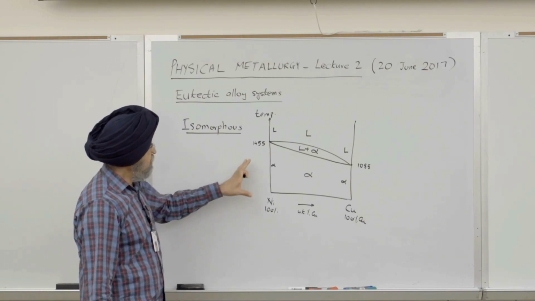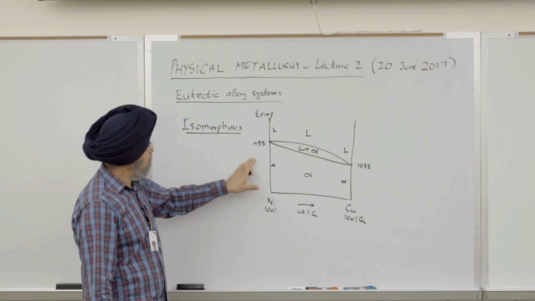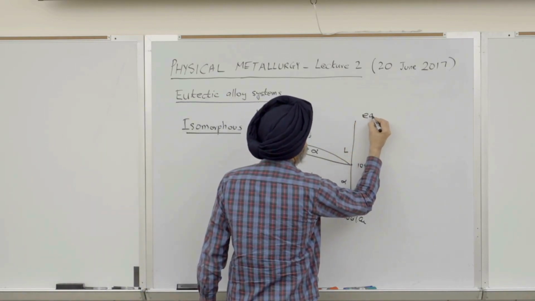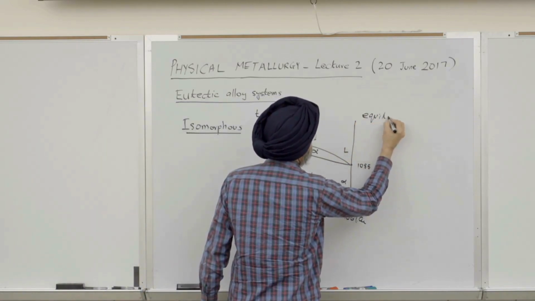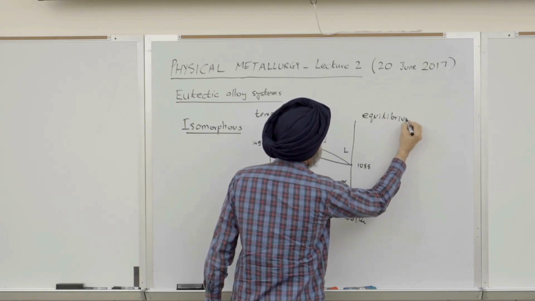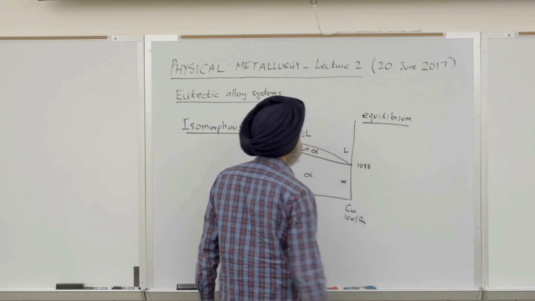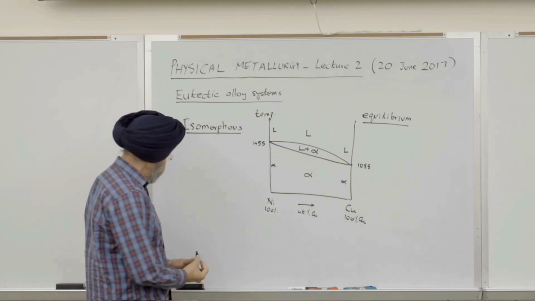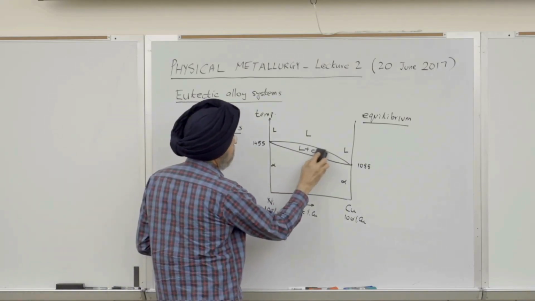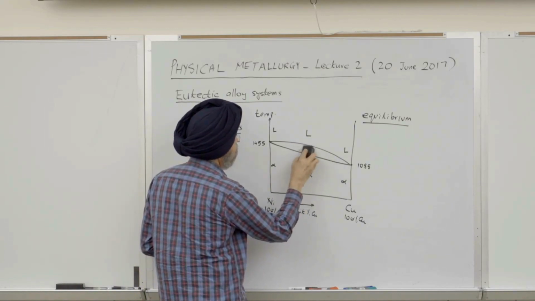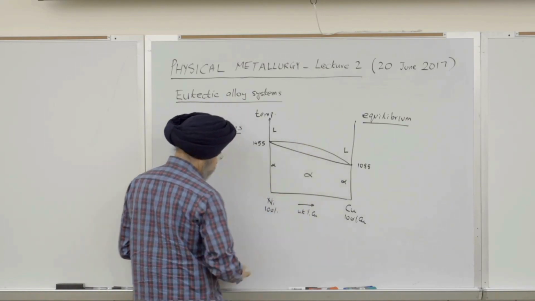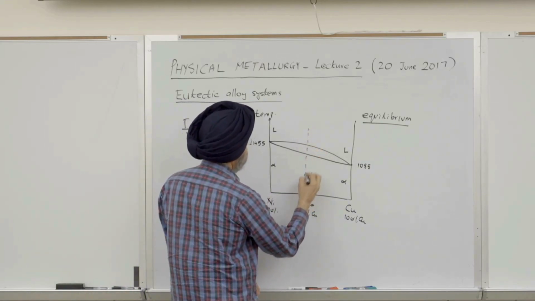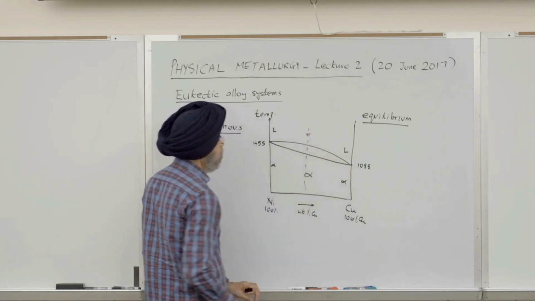I just need to remind the audience that this is an equilibrium phase diagram. Equilibrium is a key word. And what do we mean by equilibrium? Suppose we take this composition and we are cooling down.